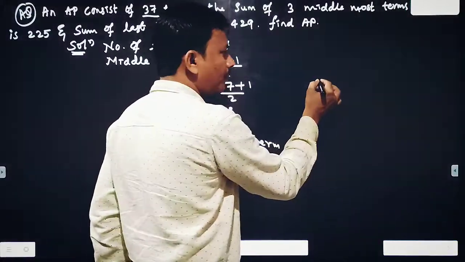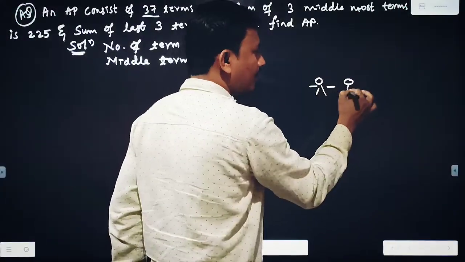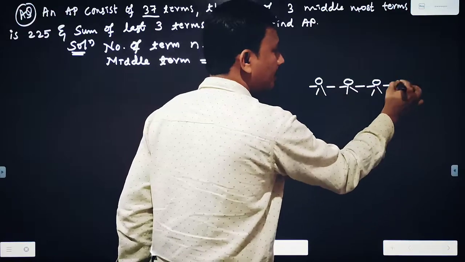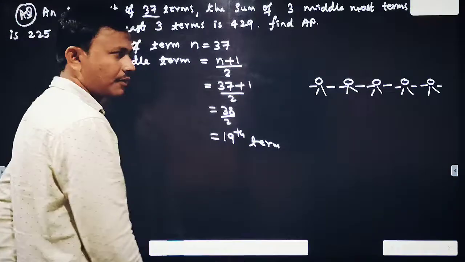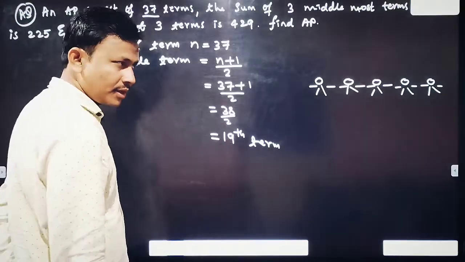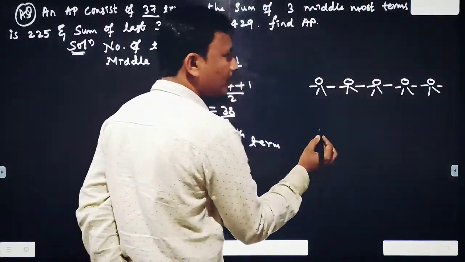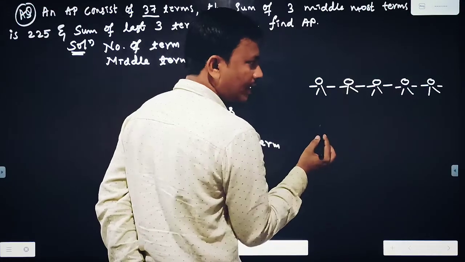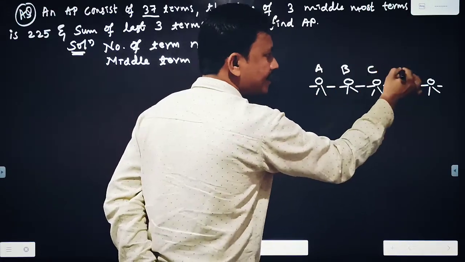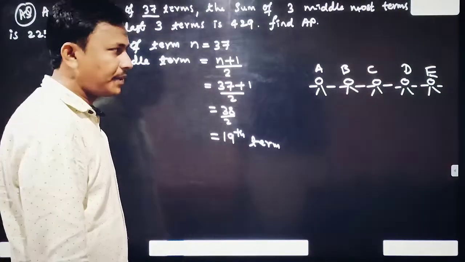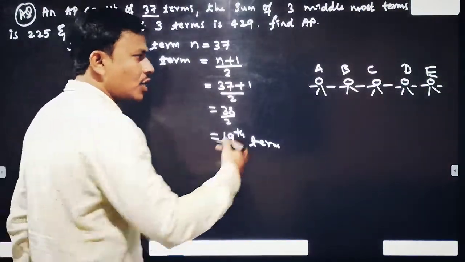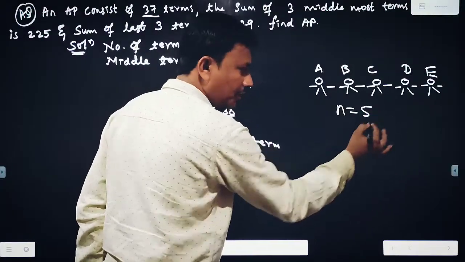Let us consider 5 friends: number 1, number 2, number 3, number 4, number 5. They are A, B, C, D and E. Which are the middlemost 3 friends? Total number of friends n is equal to 5.